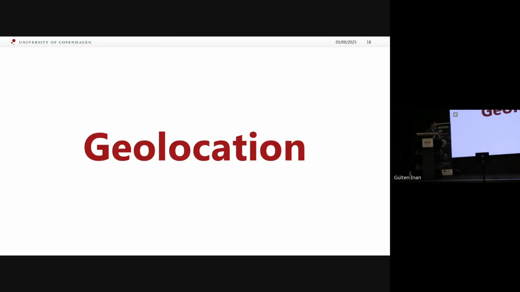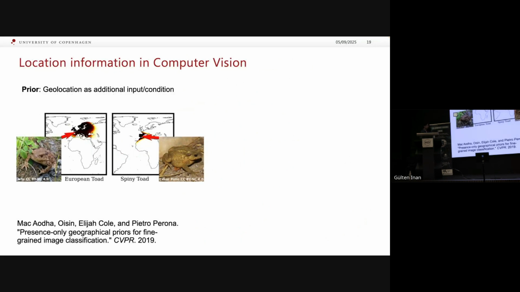Okay, let's first talk about geolocation or geolocalization. So first of all, how is that used in computer vision today? Geolocation can be used as a prior, to condition your model. For instance, in fine-grained species distribution mapping, it has been used to learn a geoprior.